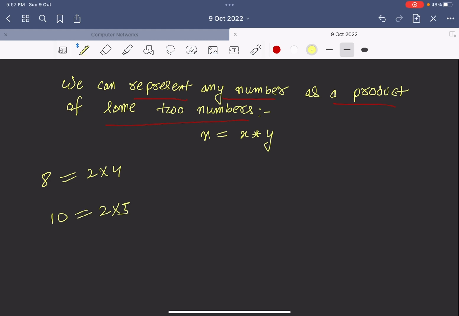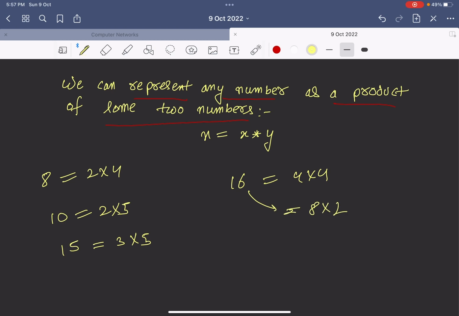If I have 15, I can represent it as 3 times 5. If I have 16, then I can represent it as 4 times 4, or I can also represent it as 8 times 2.